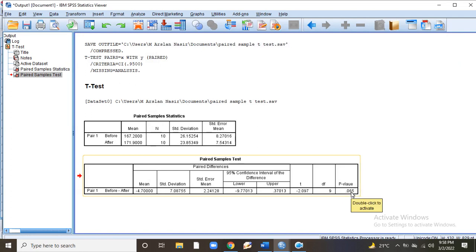So we accept our null hypothesis, which is that there is no difference between the weights before and the weights after, and by looking at this we see that there is no difference. Okay, this is the procedure for the paired sample t-test.